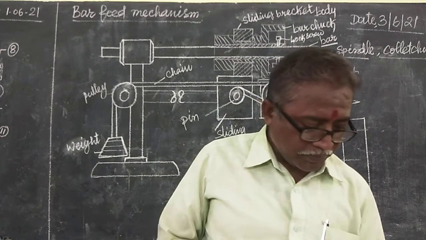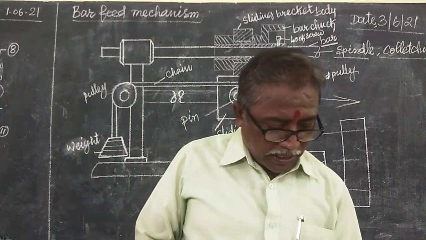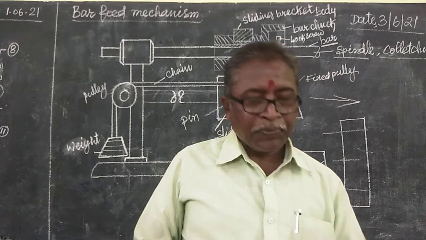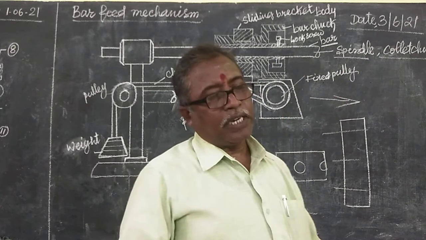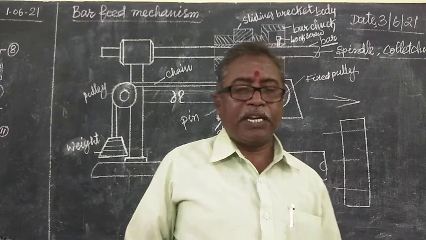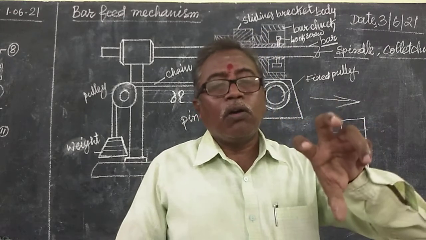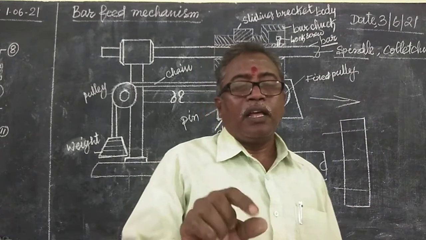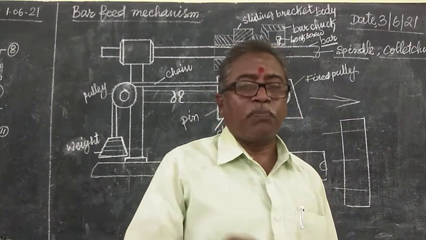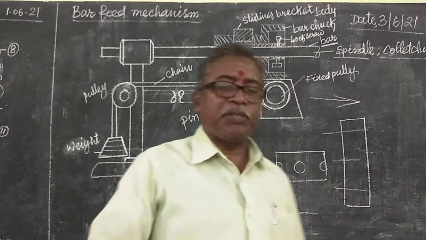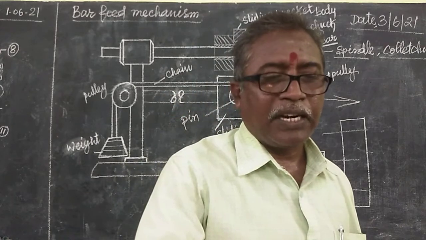So like that, there are many end type roller steadies. Box type roller steady is there, V-shaped roller steady is there. The steadies are also fixed on a bracket to give support. Why are we giving these steadies? Steadies we already discussed.